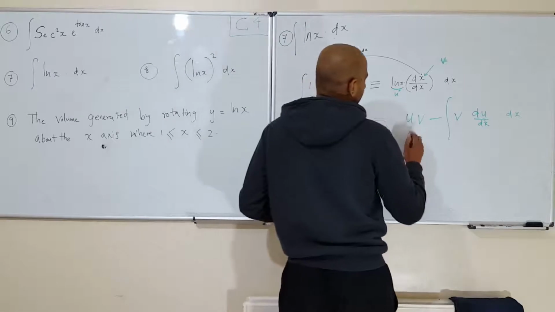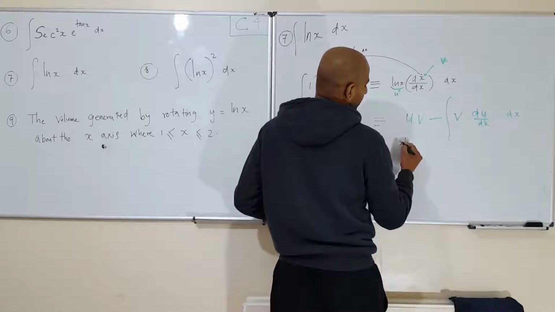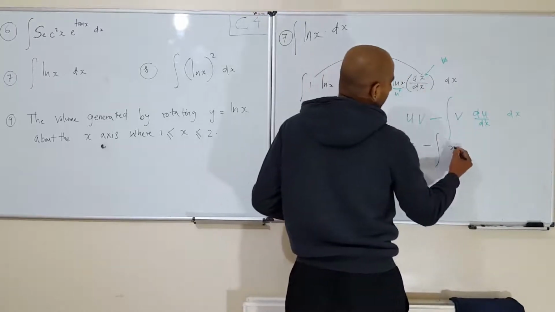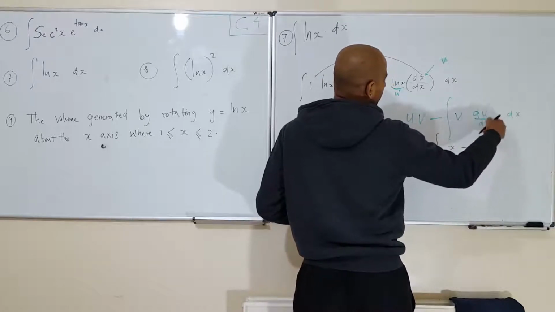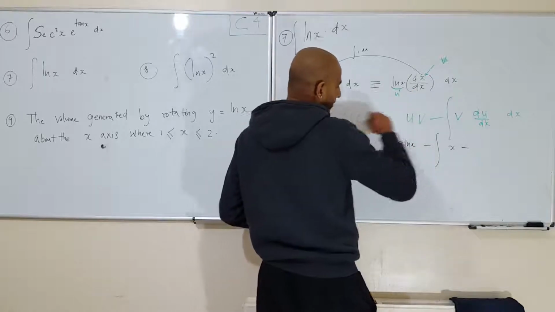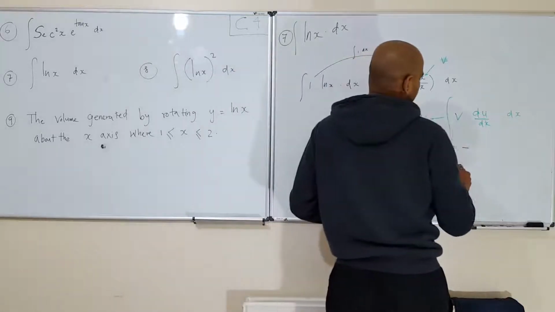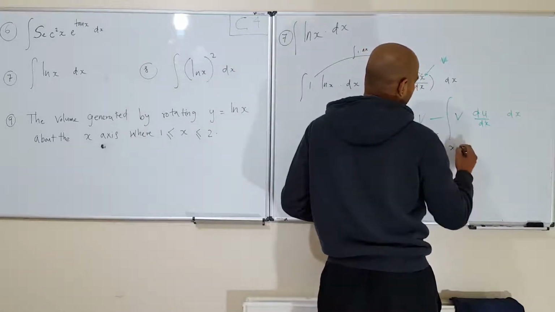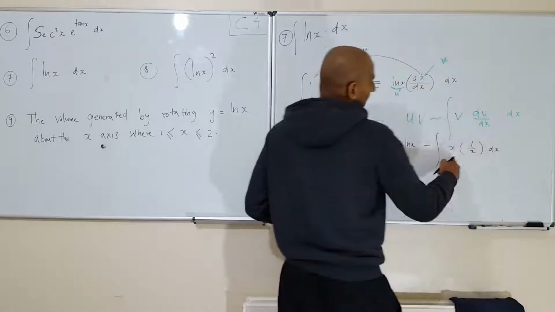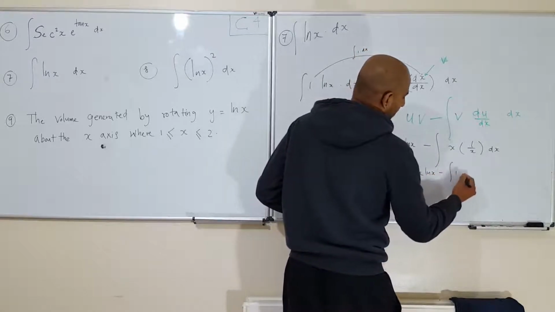So u is ln x, v is x. Minus, v is x, and differentiate the u, which is outside the cage basically. If you differentiate ln x, what are you going to get? You're going to get 1 over x, 1 over x dx. They're cancelling out, so you're going to get x ln x minus the integral of 1 dx.